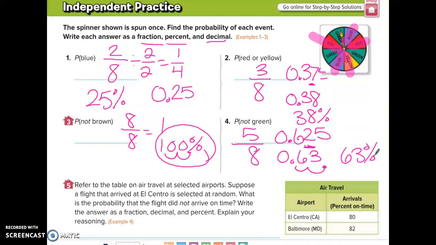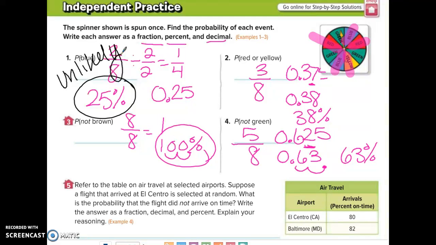If we're describing number 1, we have a 25% chance of selecting blue. Would you say that is impossible, unlikely, as likely to happen as not, likely, or certain? We would say that that's unlikely because that is less than 50%, but it's not impossible. So this one we would say is unlikely to happen. Not impossible, but not probably gonna.